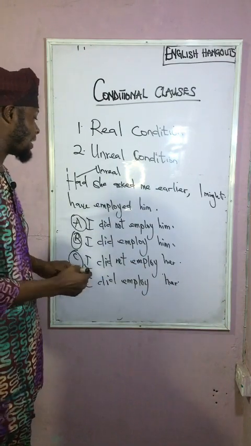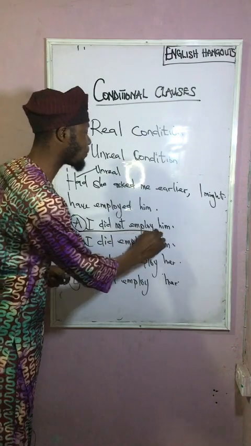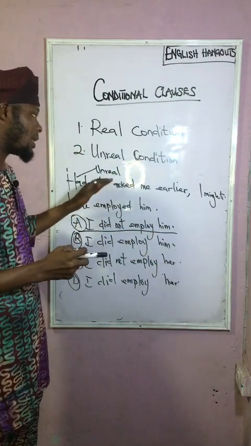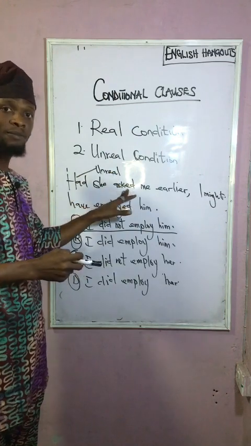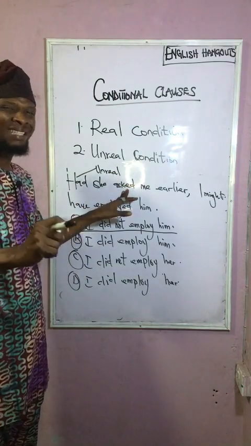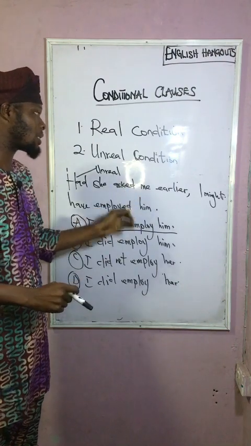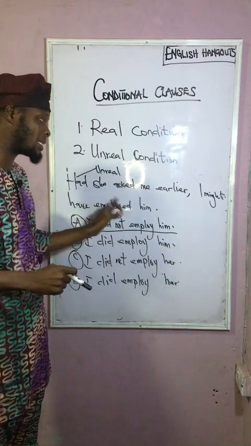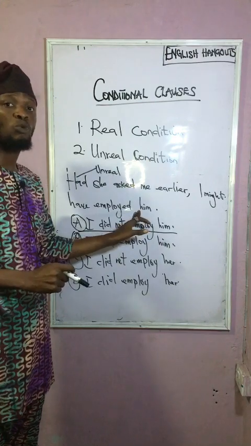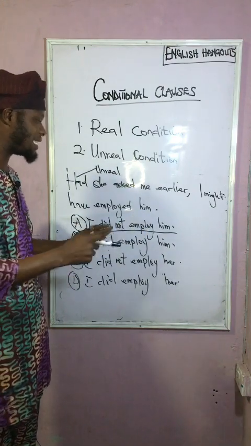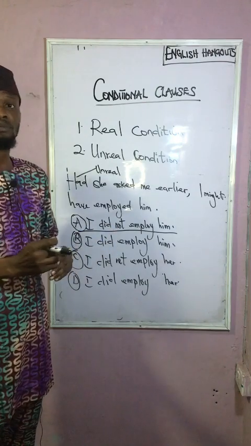The answer here is I did not employ him, because we have an unreal condition, and definitely that event has not materialized. The subject of the sentence did not employ this person. Therefore, the appropriate answer here is I did not employ him.